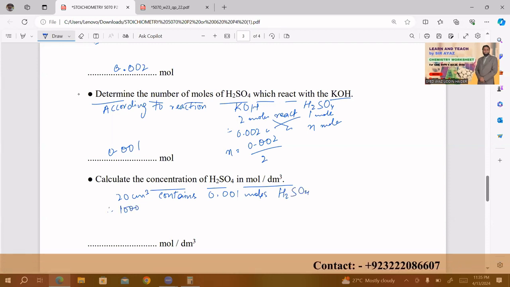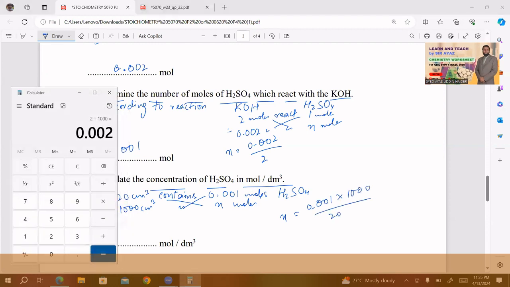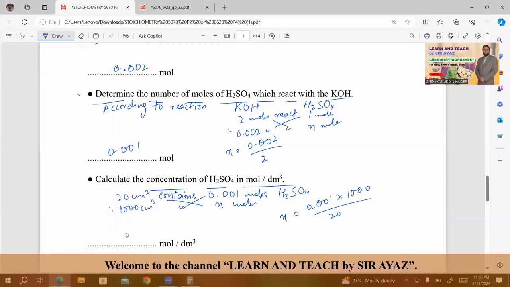Therefore, 1000 cm³ contains X moles. Do the cross, we get X is equal to 0.001 multiplied by 1000 and divided by 20, which is 0.05.